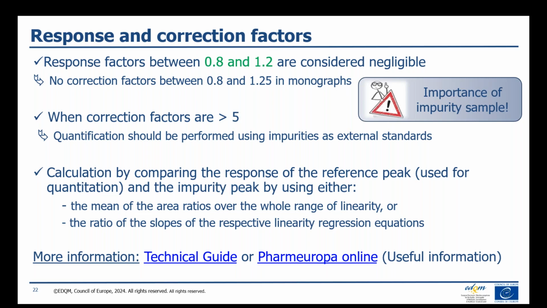Usually we compare the response of the reference peak and the impurity peak by using the mean of the area ratio over the whole range of linearity, or the ratio of the slopes of the respective linearity regression equations. Here you can see on the screen also the formula.